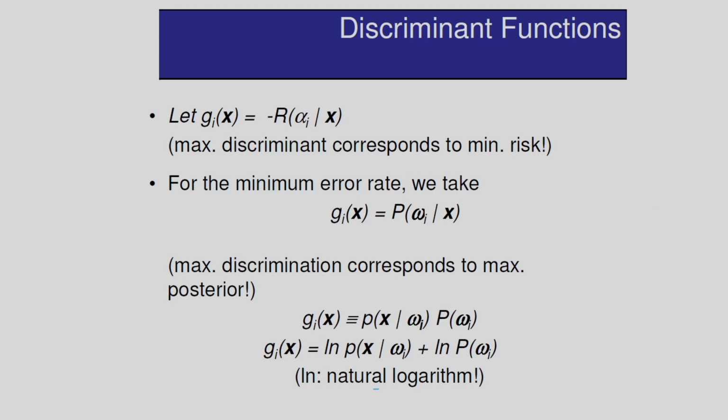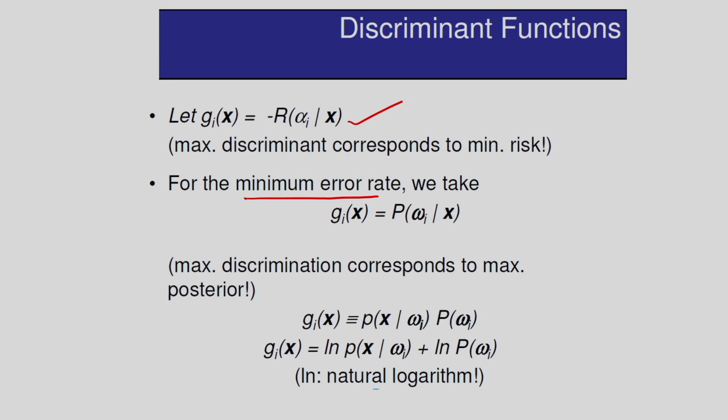I have to determine the maximum value of the discriminant function that corresponds to the minimum risk. So for minimum error rate, Gi(x) should be equal to P(Wi|x), that is the posterior probability. So the maximum discriminant function corresponds to maximum posterior probability.